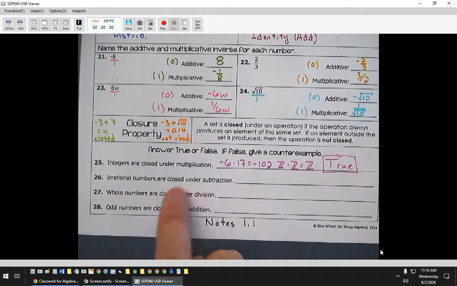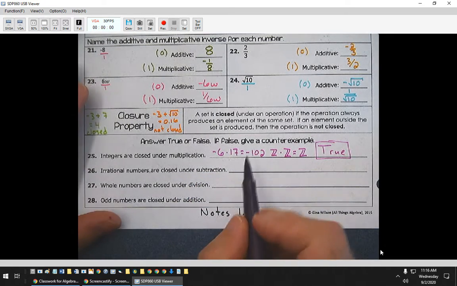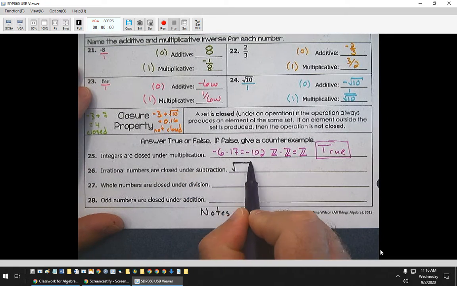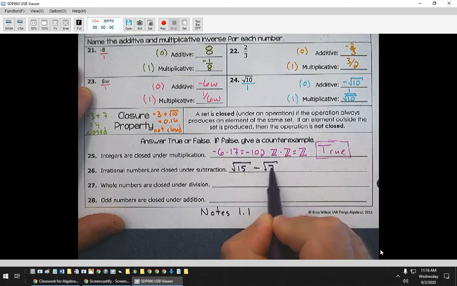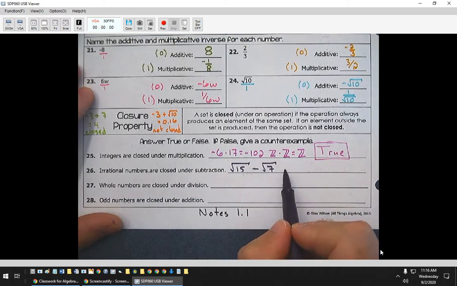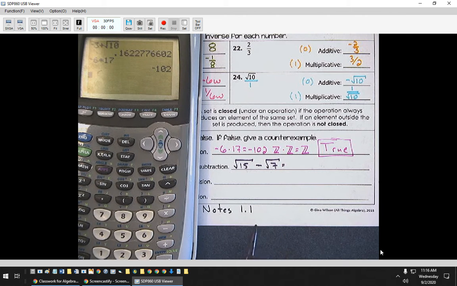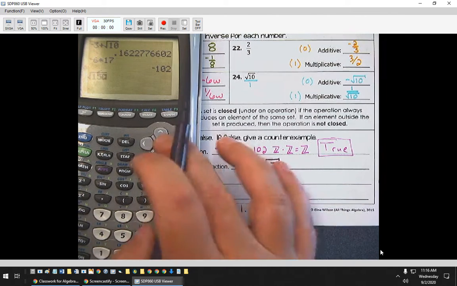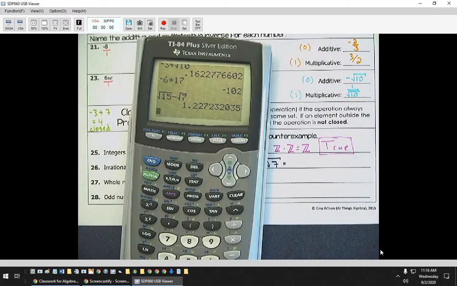Irrational numbers are closed under subtraction. So if I took something like, I don't know, square root of 15, take away square root of 7, I still get some really weird number.